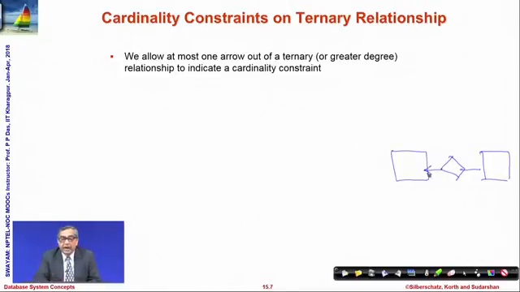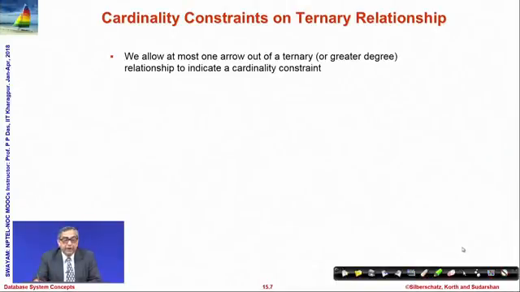But if we have an arrow on one side, then the arrow side is 1. So, from entity set E 1 to E 2, this is 1 to many. We could have arrows at both ends, and that means 1 to 1.